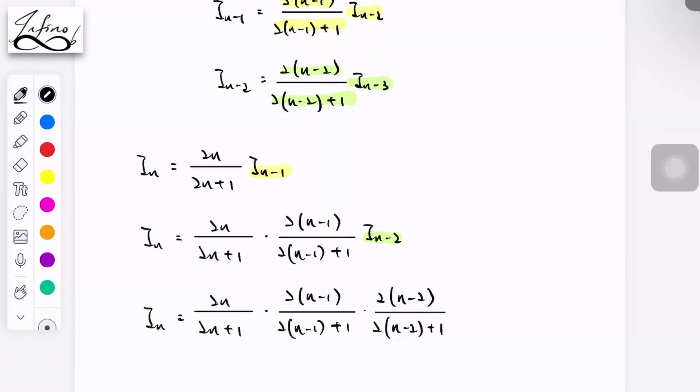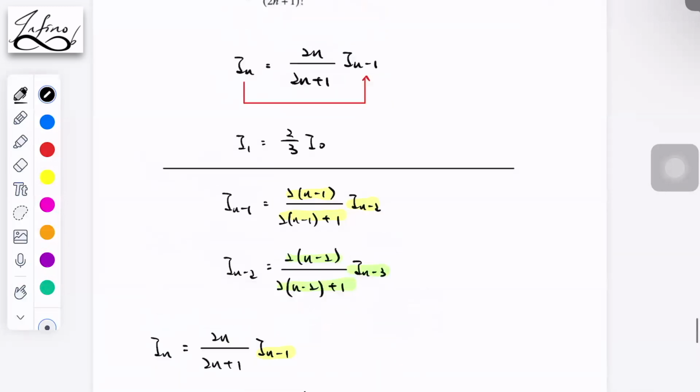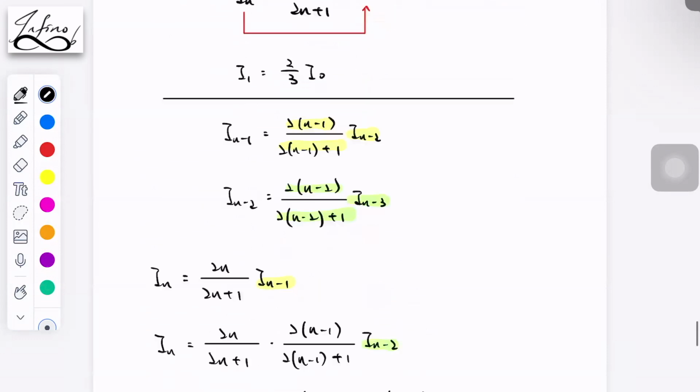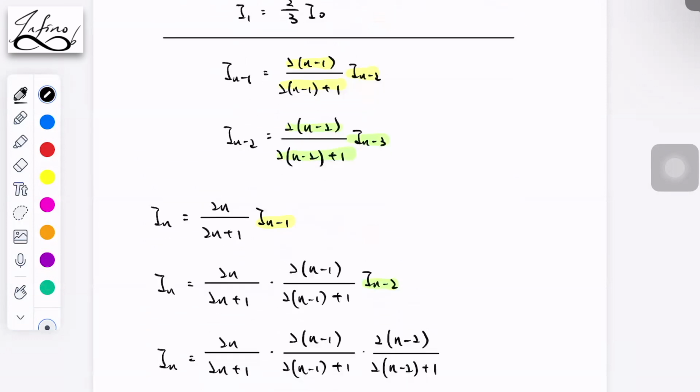The problem is, where should we stop? According to the pattern, because n factorial stops at 3, 2, 1, this one should stop at I1, the first term. However, what is I1?